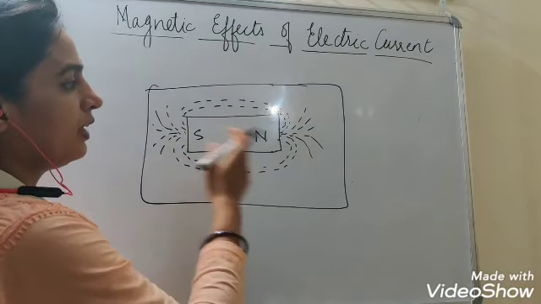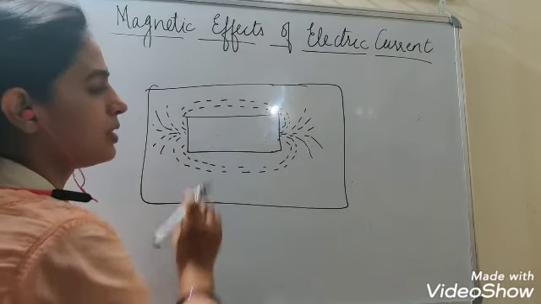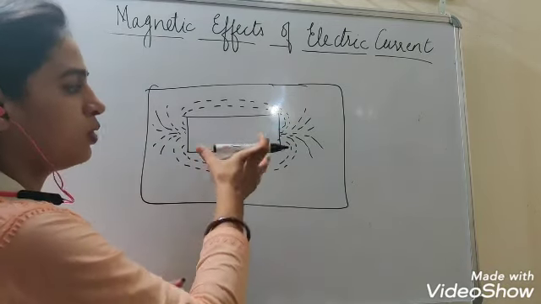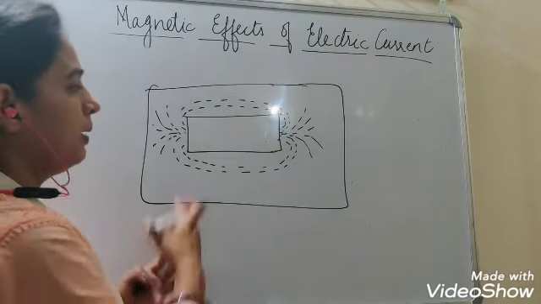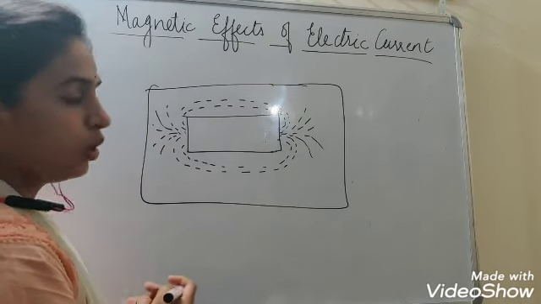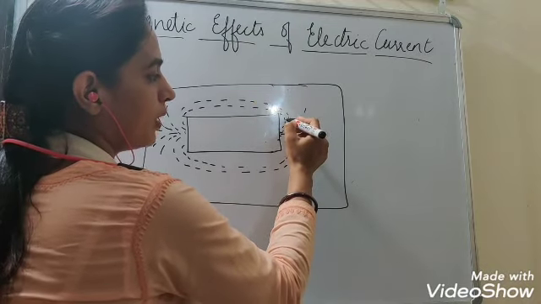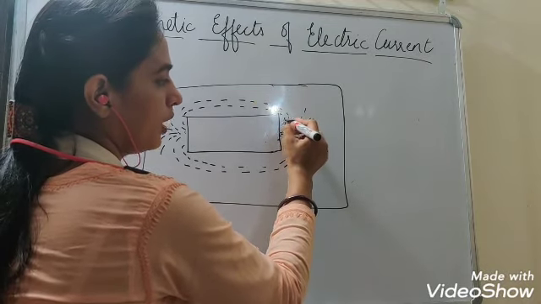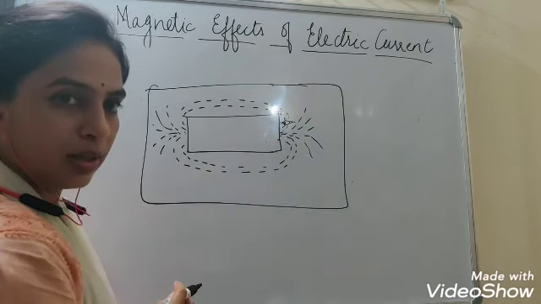Also, we can find the direction. For example, we don't know which is the north pole and which is the south pole of the magnet. You just plainly kept a magnet and you got this kind of magnetic field. But still you don't know where is the north pole, where is the south pole. For that, you can keep a magnetic needle over here, in any direction, and leave it freely.